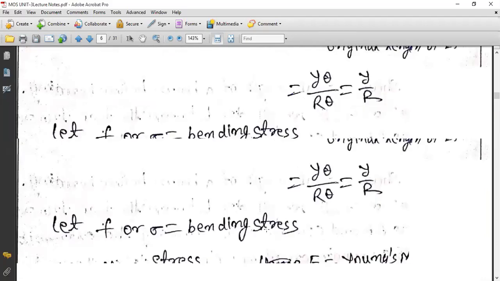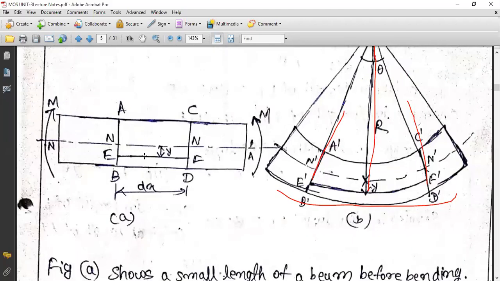Just see the diagram. What happens here? If Y is below, then stress is minimum. If Y is above, then stress is maximum. Also see here, this beam is bending in this form. Which type of stress is acting here?